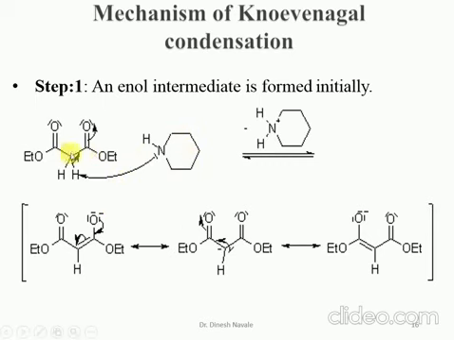Because of the strong electron withdrawing groups, this carbon becomes the active methylene, and this proton becomes acidic. So the base easily picks up this acidic proton, giving the formation of the carbanion. That carbanion can give the formation of the enolate ion. So the first step of the Knoevenagel condensation is the formation of the enolate ion.